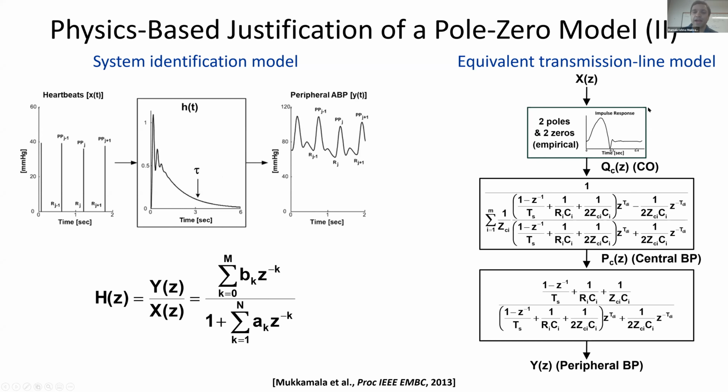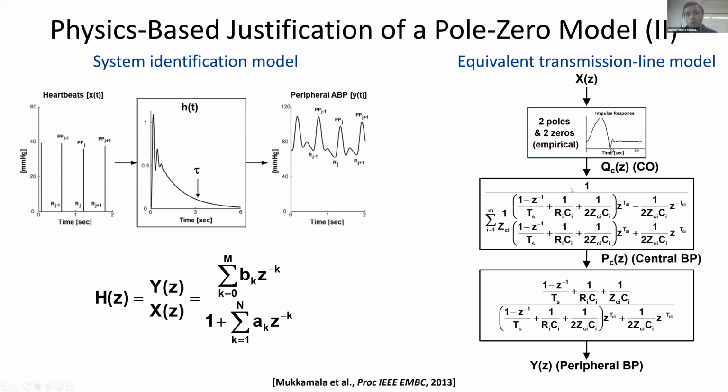The impulse response of the first transfer function is proportional to one beat of the total blood flow rate waveform. We've empirically found that this waveform can be represented as a second order pole-zero system.